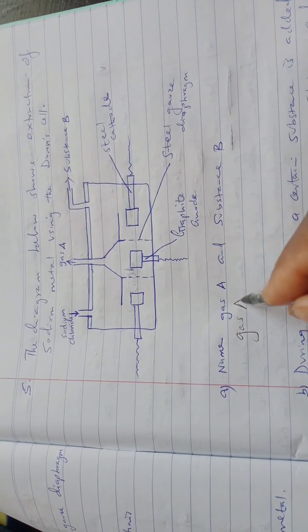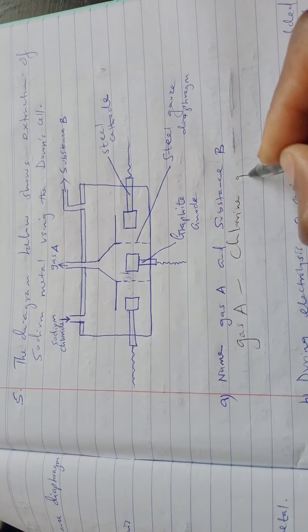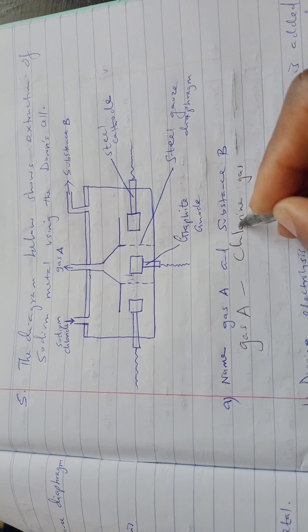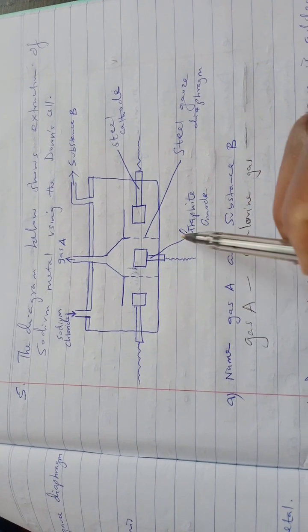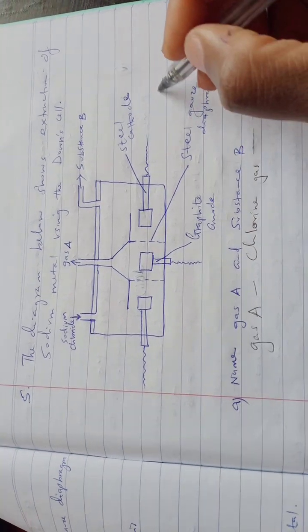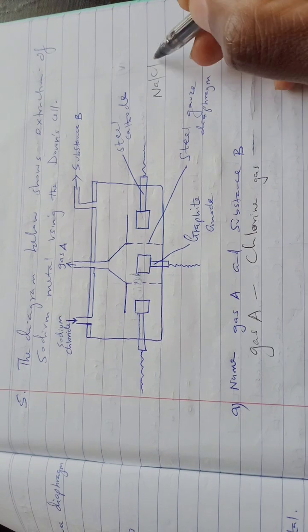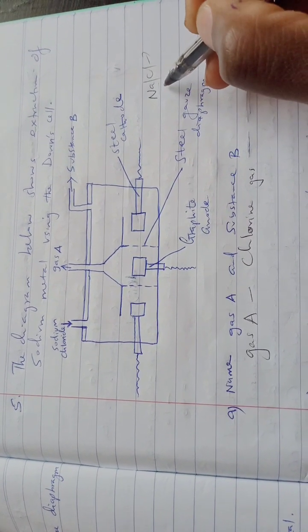Actually gas A, the only gas that we have here is the chlorine gas. So chlorine gas is the one that is formed at the anode, because whatever we have there is sodium chloride. So it is broken to give us chloride ions and sodium ions.